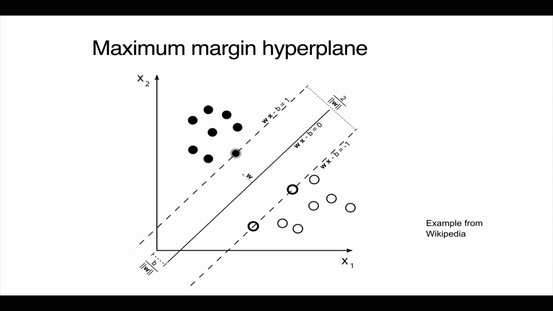That separation turns out to be the same thing as 2 divided by the norm of the coefficients of the hyperplane W, and this actually means that to maximize the margin, you minimize the norm of W. It turns out that this maximum margin hyperplane will always fall on a selection of 3 different data points.